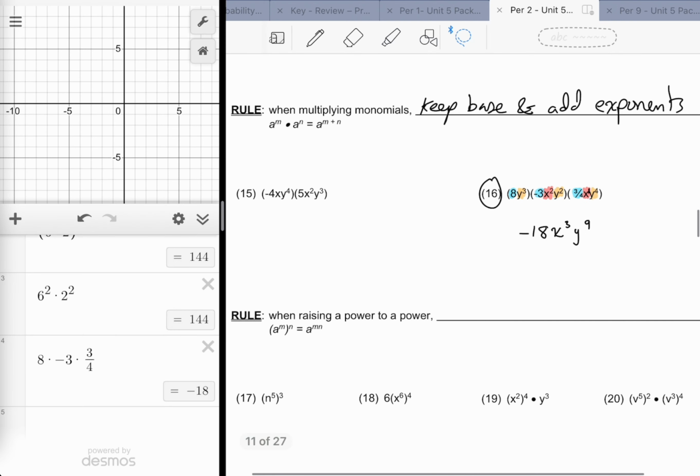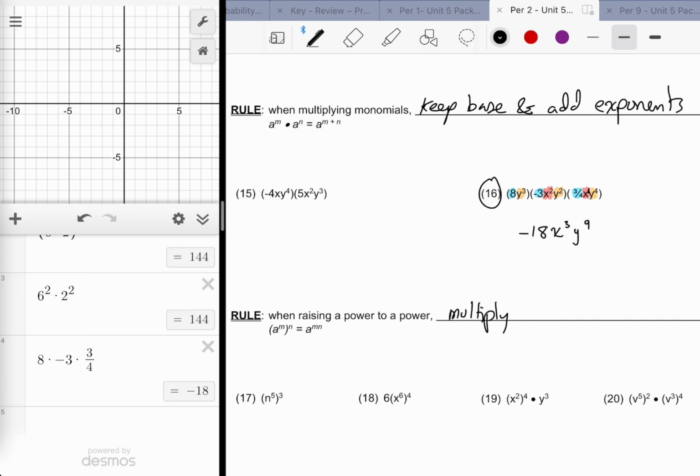All right. Power to a power, you multiply the exponents. So I wanted to do number 20. All right, because this is kind of a combo problem. We have powers to powers, but then we have a next step that we'll have to follow after that. So the first step is actually pretty easy.